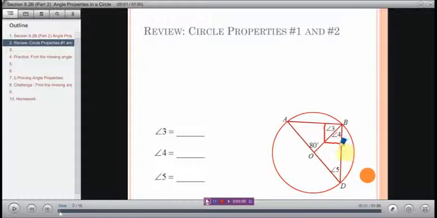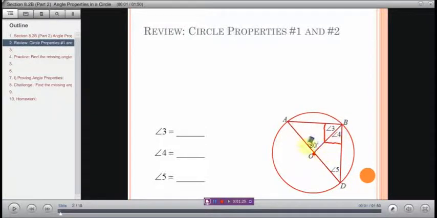Well, since that's the center, it should have the dot there to show it's the center, or having the letter O kind of signifies it's the center. So this line and that line, as well as that line, those are all radii, or radiuses. And radii are all equal.